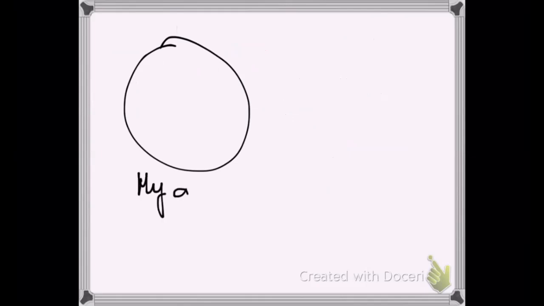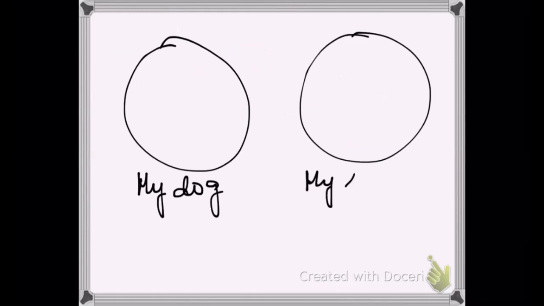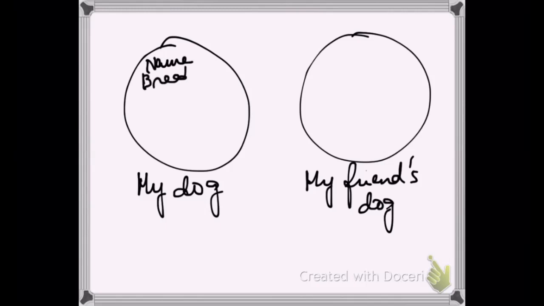Now each of these, whether it is my dog or my friend's dog, they have certain features like name, breed, and color.